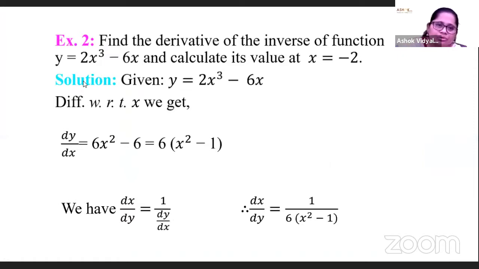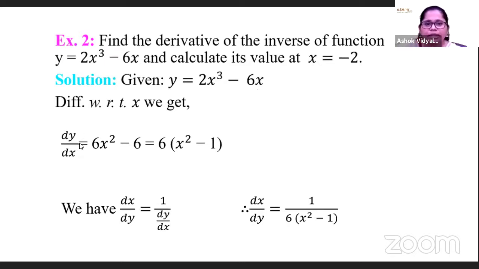Now the next question is, find the derivative of the function y is equal to 2x cube minus 6x and calculate it at x is equal to minus 2. Now see here, the given function is y is equal to 2x cube minus 6x. Now differentiate this function with respect to x.